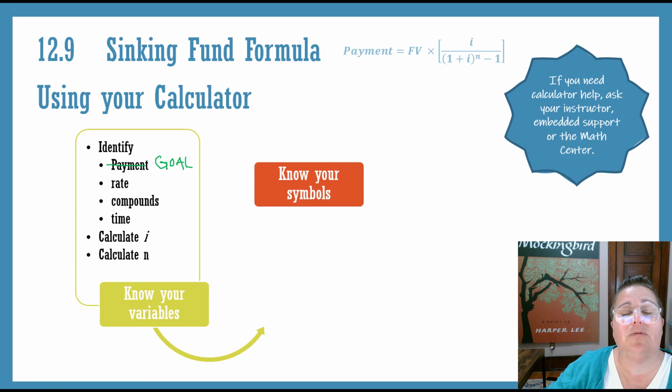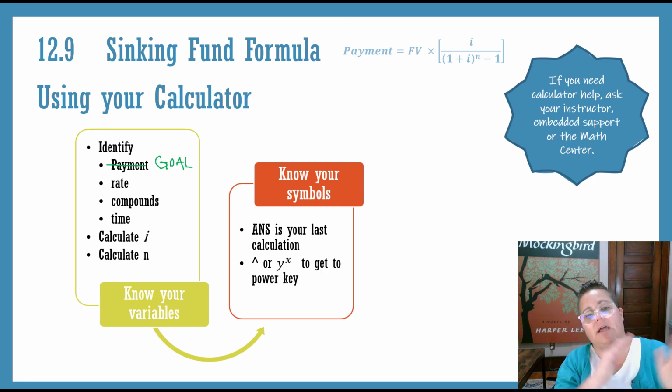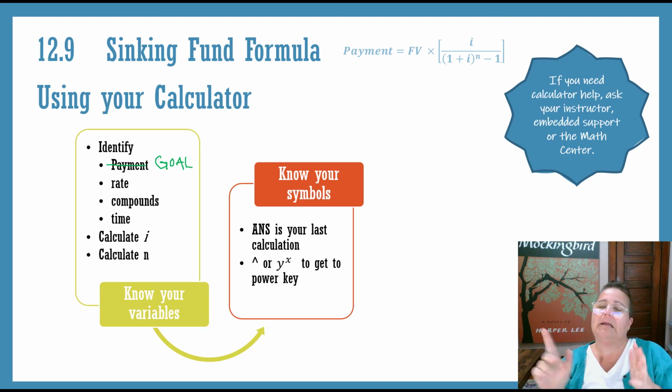Make sure you're familiar enough with your calculator that you know where your answer key is, that's your last calculation. Second equals will bring up your last calculation. That you can use your power key, that's either the chevron or the y to the x. In some calculators, it's x to the y. And in some calculators, you just get a little box. Talk to somebody if you don't know how to use your calculator, all right?